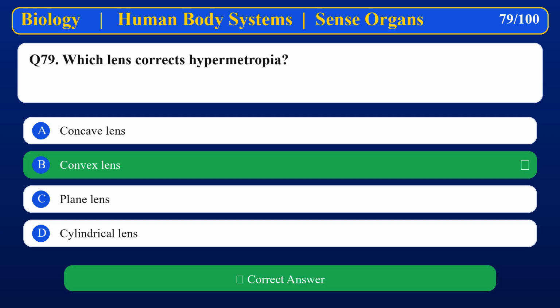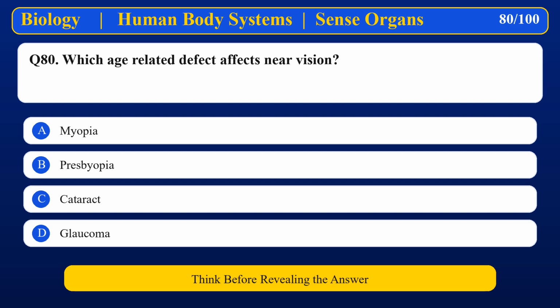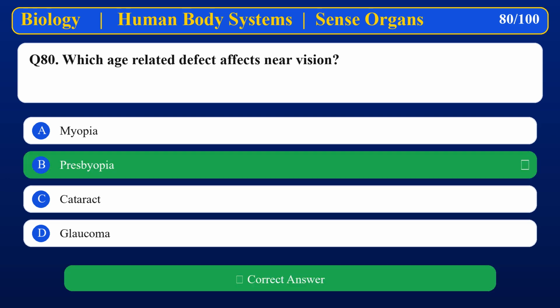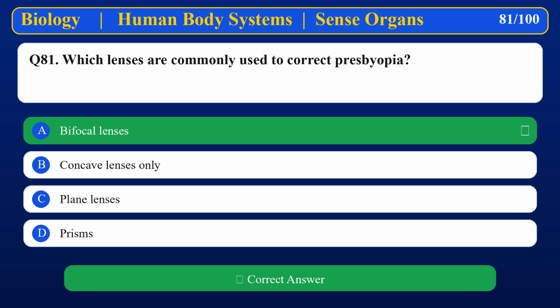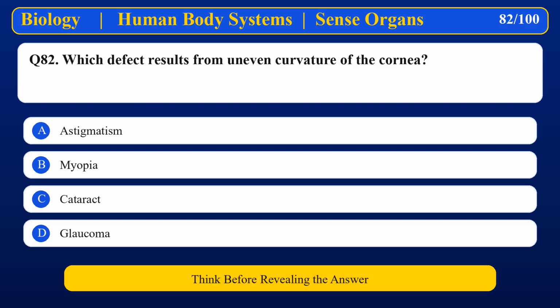Convex lens. Which age-related defect affects near vision? Presbyopia. Which lenses are commonly used to correct presbyopia? Bifocal lenses. Which defect results from uneven curvature of the cornea?